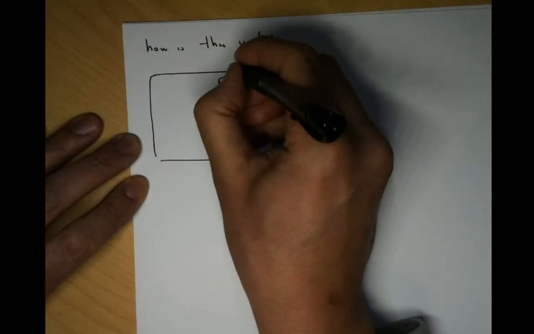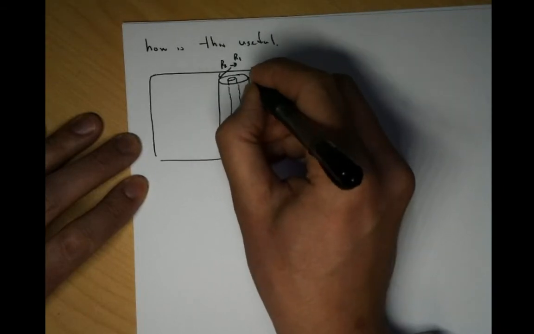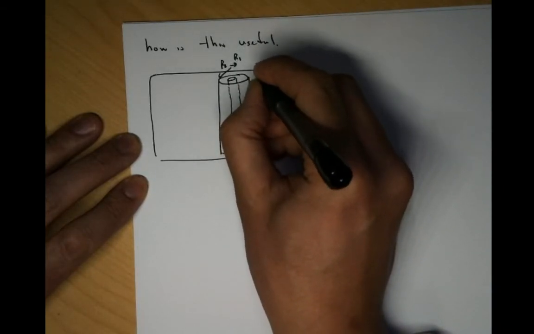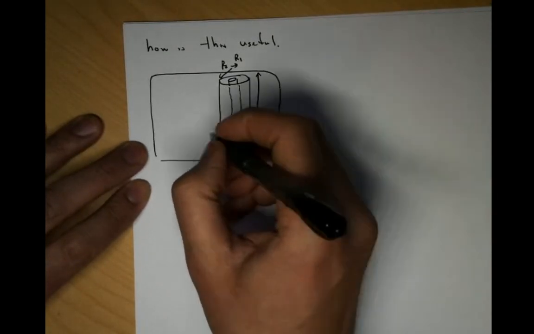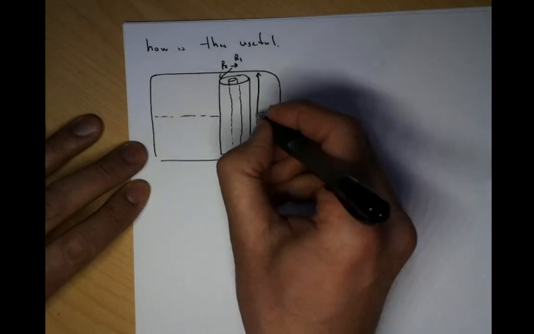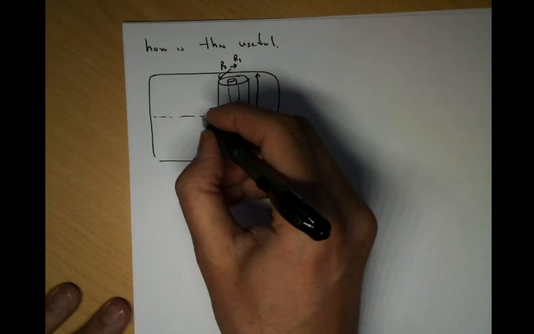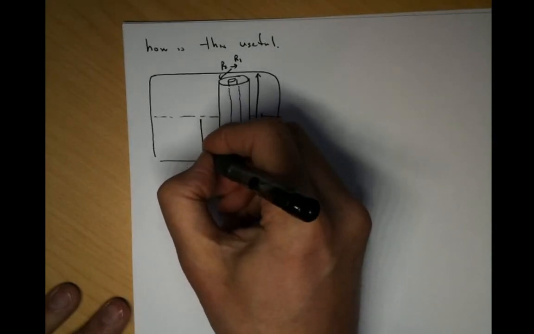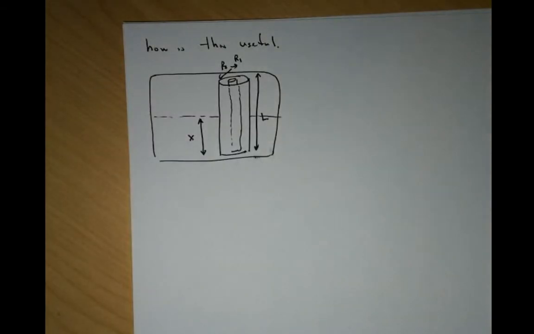This has basically R1, R2, and some length L, say, and this gas tank is full of some gas. I don't know what the gas is, it's full of some gas. And the distance, basically this distance here, is X.